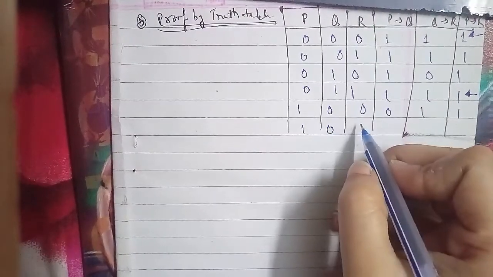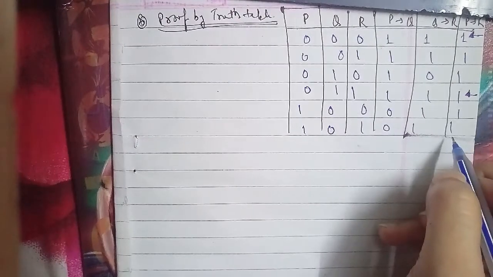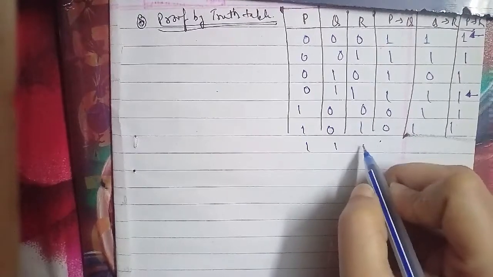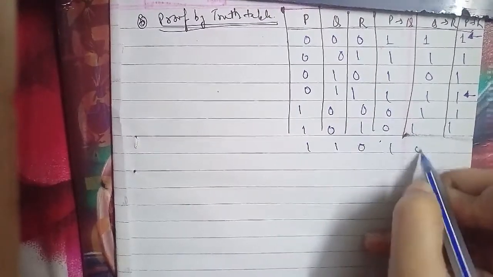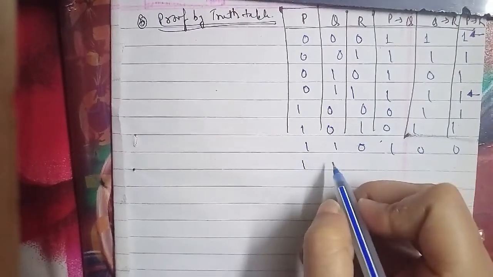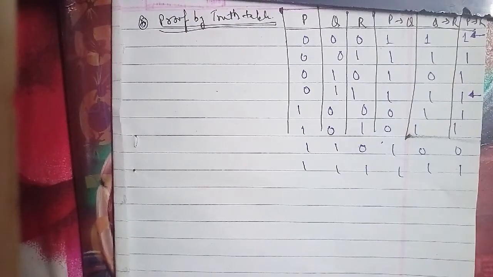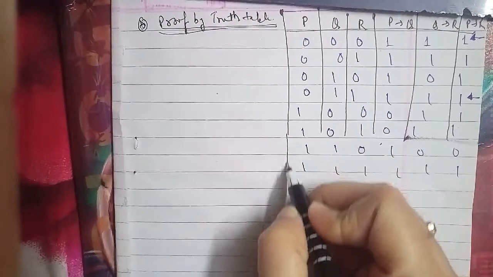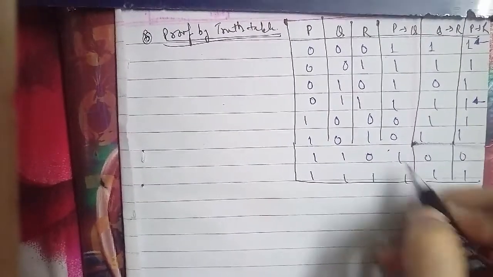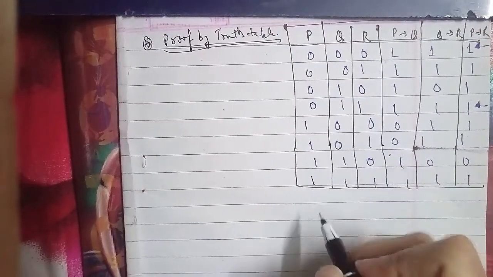So here we'll go ahead with the fourth one, that is disjunctive syllogism. In the disjunctive syllogism rule, if P or Q is true, then P is true and Q will be true as well.